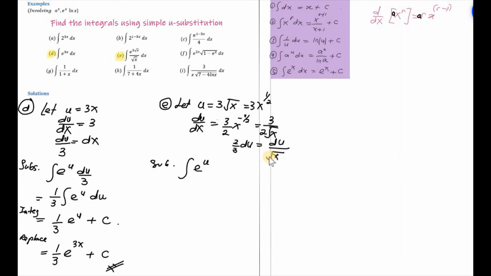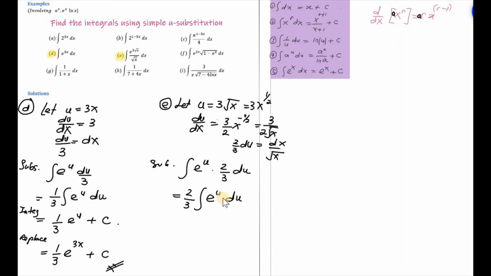So this portion, dx over this radical x, is actually 2 over 3 du. So let's substitute it. dx over the square root of x is rearranged as 2 on 3 du.